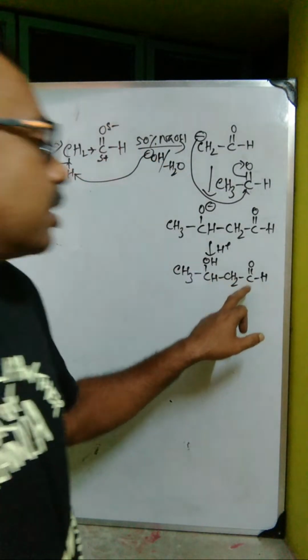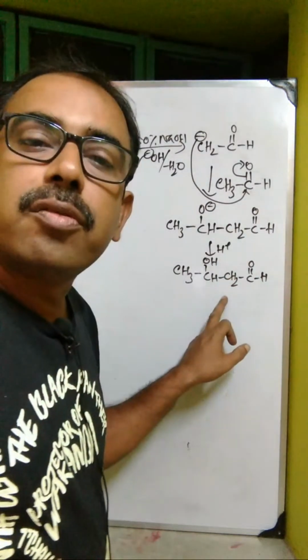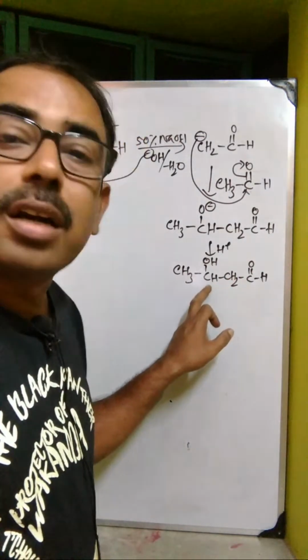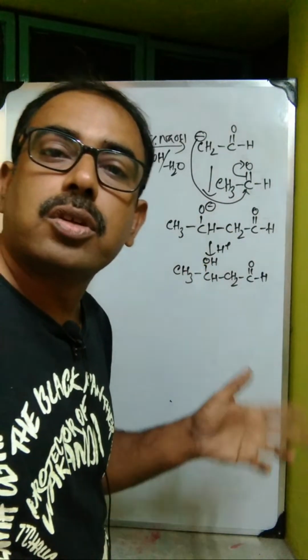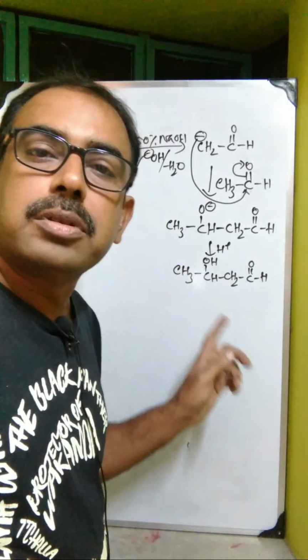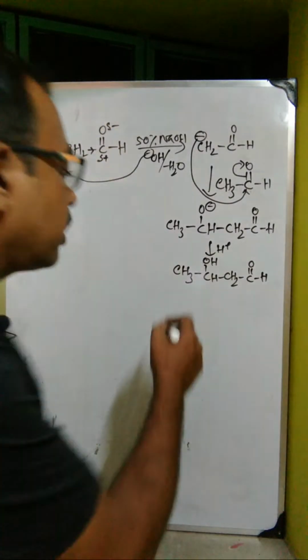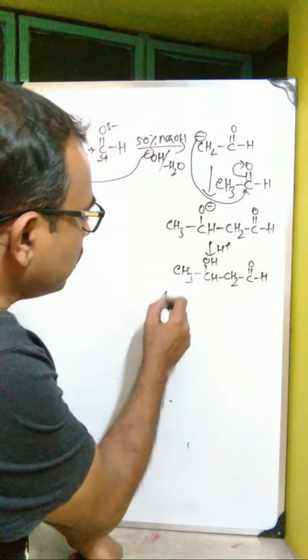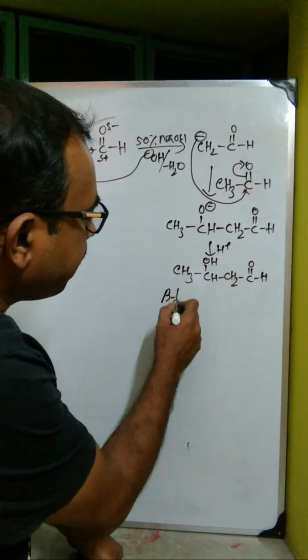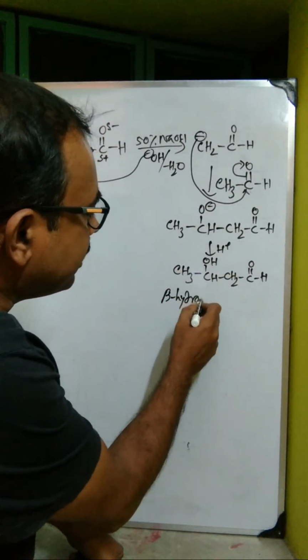This one is the carbonyl carbon, this carbon is the alpha carbon, and this is the beta carbon, which means the hydroxy group is bonded with the beta carbon. Since 4 carbon atoms are there, this compound is called beta hydroxy butyraldehyde.